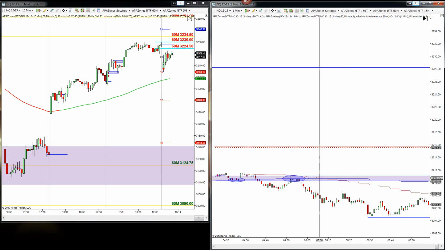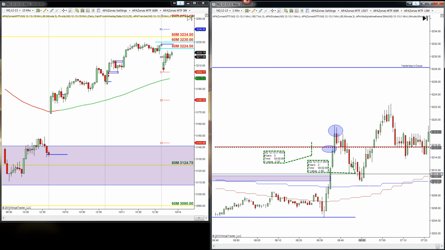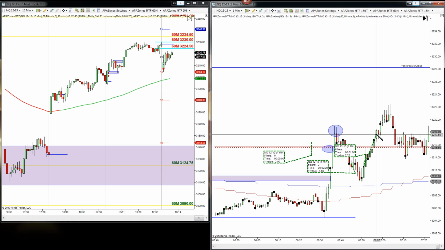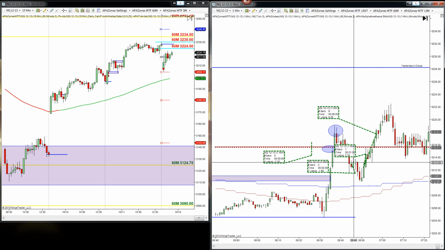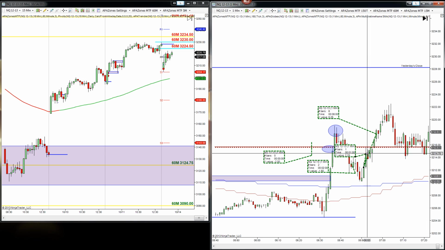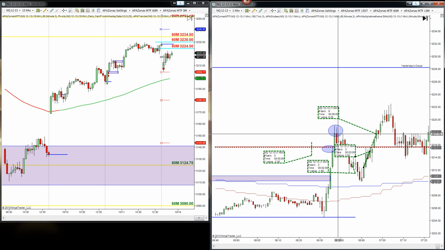However, because I had talked about this before, when we actually got a 2-bar engulfing off of this red candle, I was able to jump in here. I pulled off my first target at 10, and then I decided to pull off my second one just as we're retesting these two highs here, where these two open and closes are.